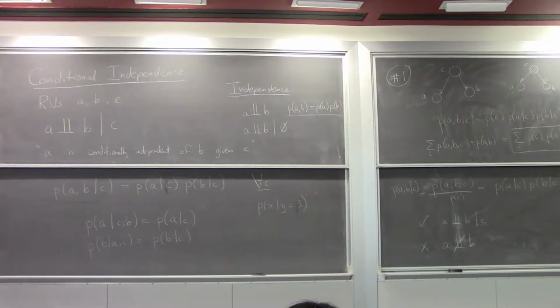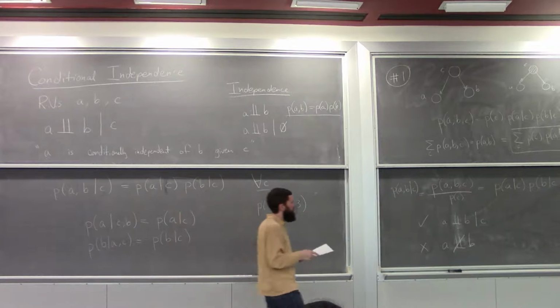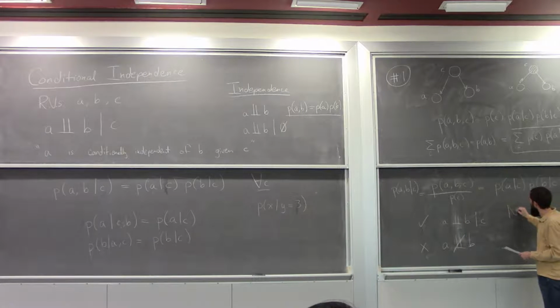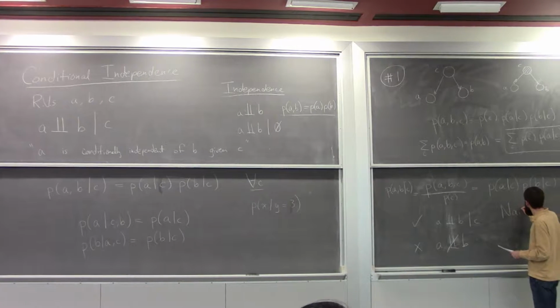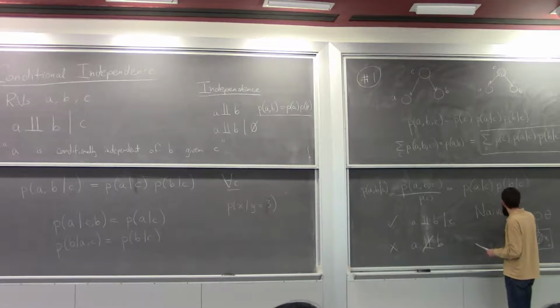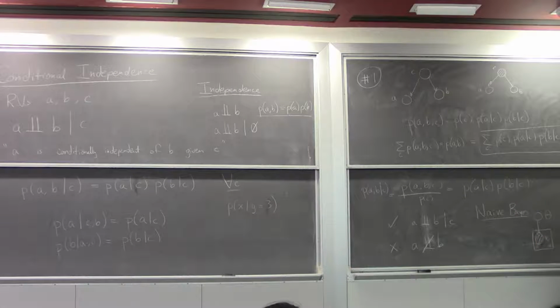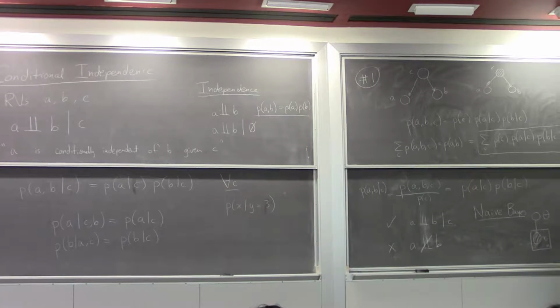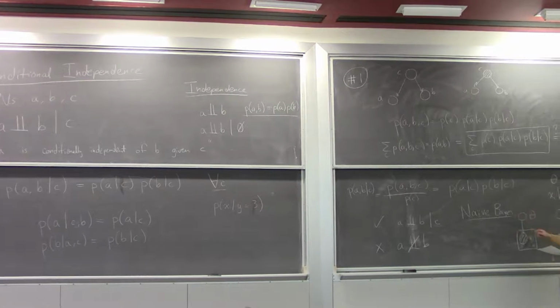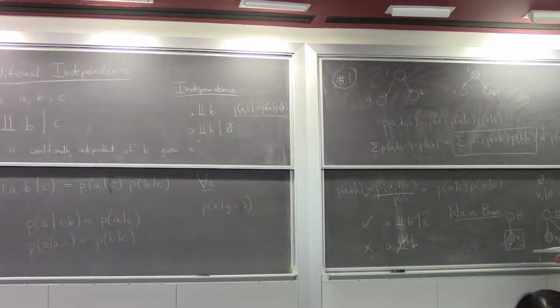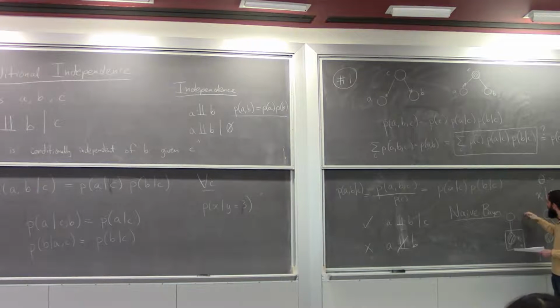I'll just make a mention, and this is in the Bishop chapter also. This particular structure of this graph is one that we see in a classifier called naive Bayes, which if you took machine learning, you've seen. This is what the naive Bayes classifier looks like. I can write it with a slightly different notation: C, the class label, could be 0 or 1.